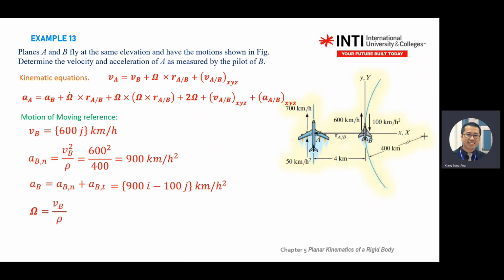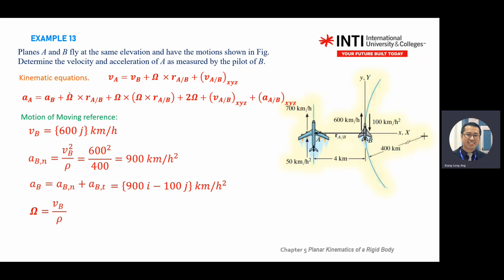This is omega. No, this one is a rigid body, but it moves in curvilinear motion. This is just the first step, because here you need to find the relative position later. This is just an early calculation.